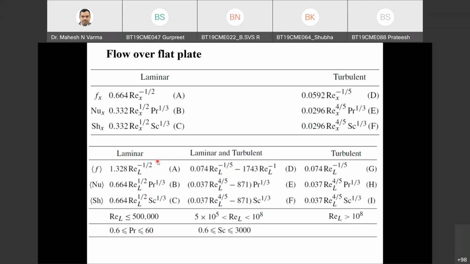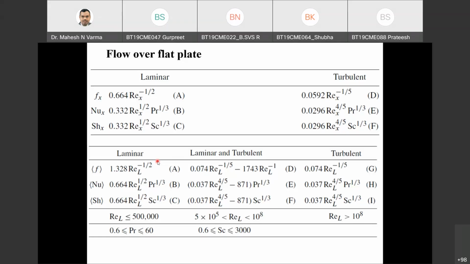Scale up. For scaling up, you need not do experimentation on industrial level. You can do an experiment in lab level and derive the appropriate engineering correlation, and that correlation can be used on industrial level for designing purpose, and accordingly you can design whatever industrial parameter is needed for your heat transfer, mass transfer, and momentum transfer.